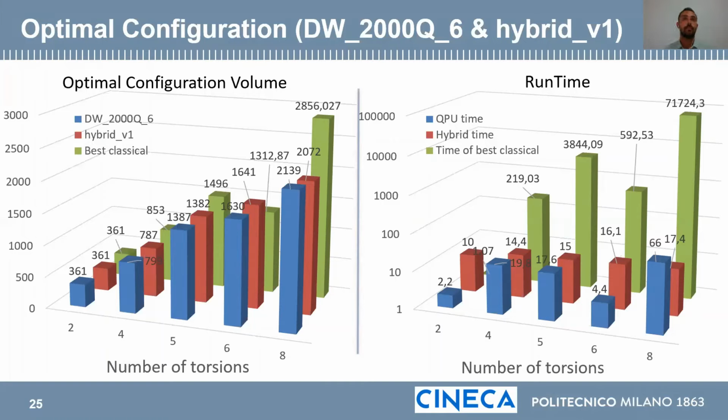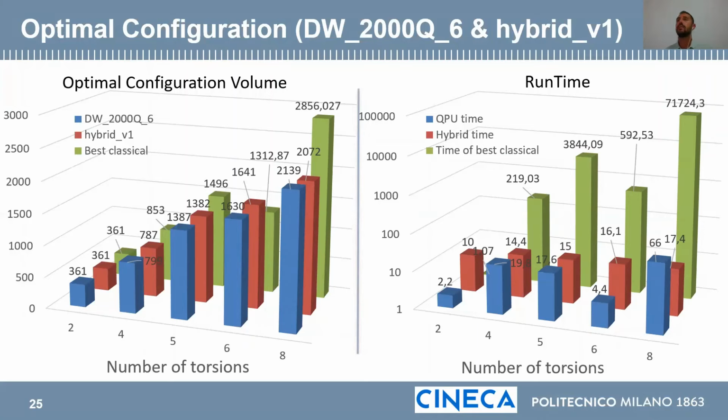As you can see, starting from torsion number 2, where we have the same result, we are always close to the best classical result. In the case of 6, we also beat the classical. This means that the solutions we find are in a good regime, so they are good approximations to the classical best.